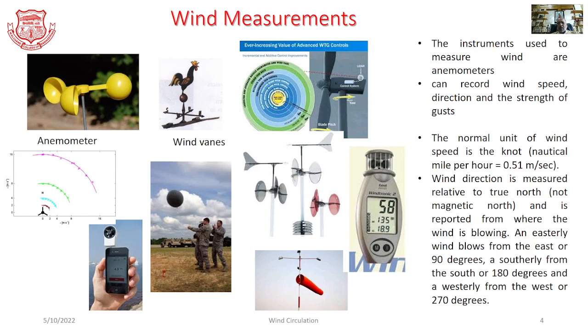Usually, wind velocity is expressed in meters per second. In certain specialized areas, it could be expressed in nautical miles per hour, say knots. One knot is equivalent to 0.51 meters per second.